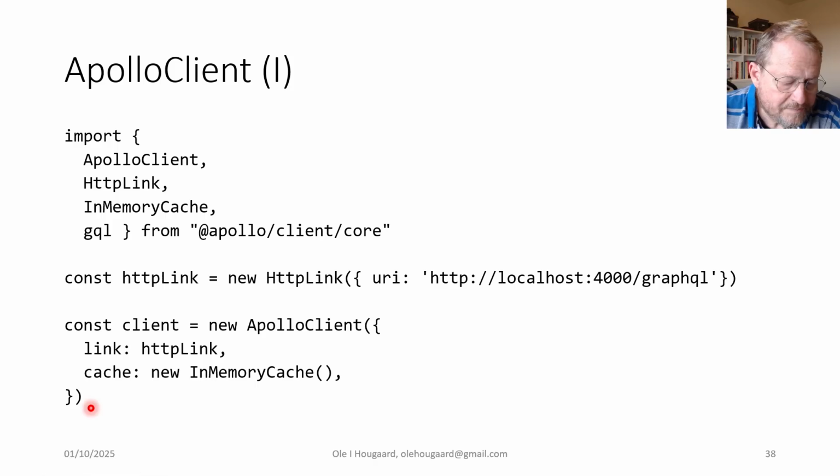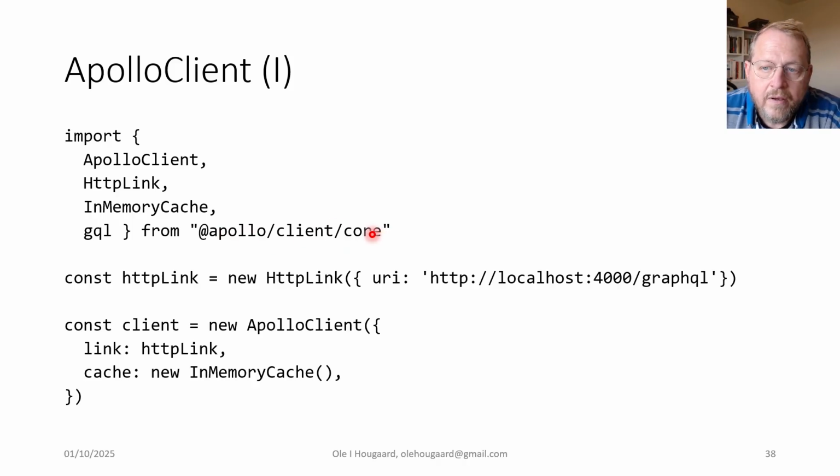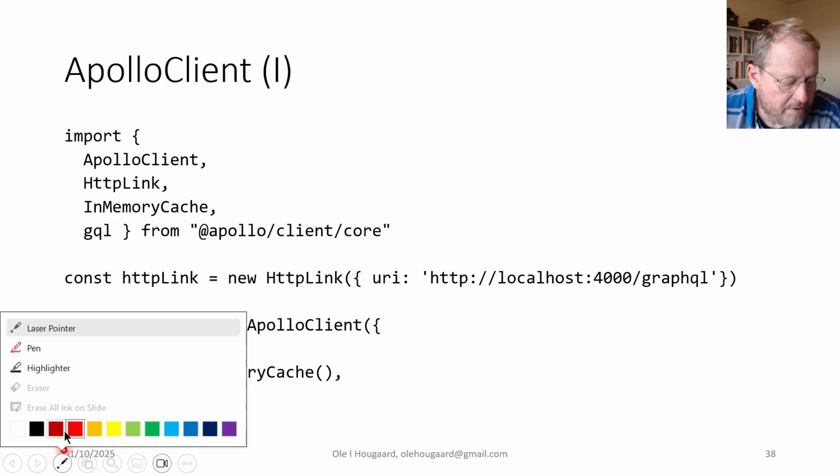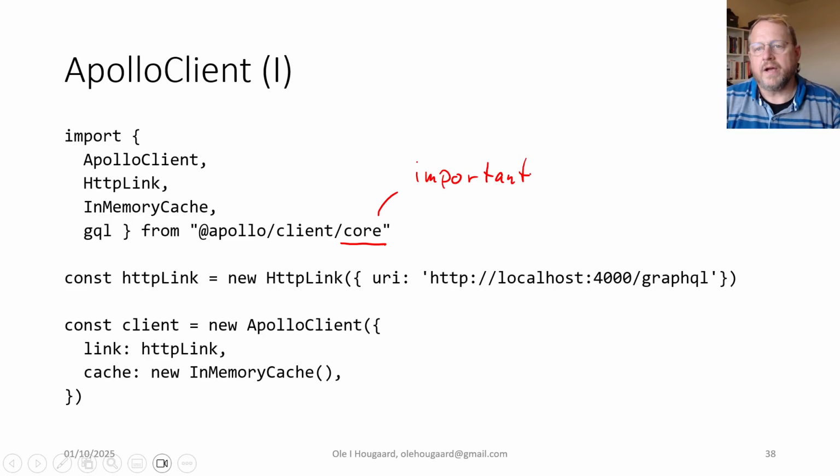Do notice I'm importing all of this from ApolloClient core. The reason I do that, I should probably do something with that. The reason I do that is that ApolloClient is made to work with React.